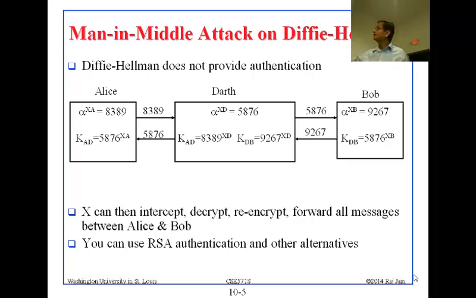They want to make sure that Bob is talking to Alice and not to somebody else. So the idea is that it does not provide authentication. You should know that. You can use RSA authentication or other alternatives.